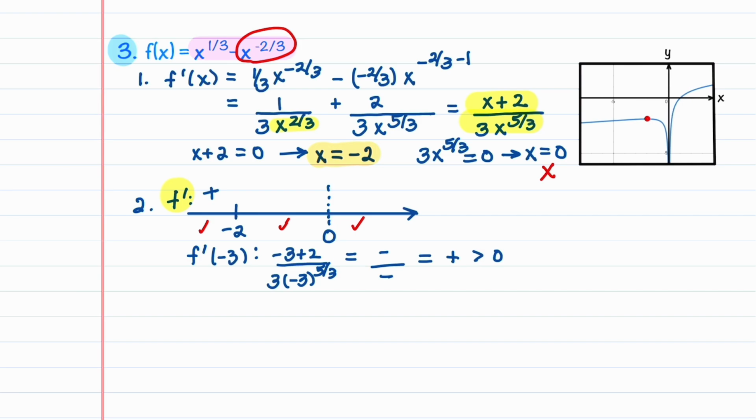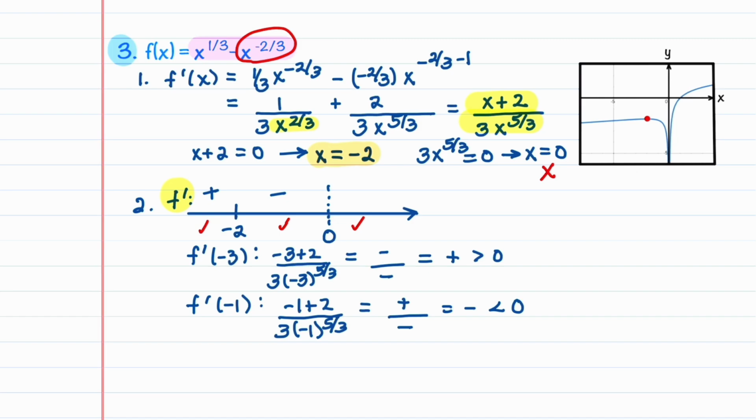Now let's pick a point between -2 and 0. Let's pick -1. So we have a -1 plus 2, all divided by 3 times -1 to the 5/3. The numerator is positive, and then the denominator is negative. So this is negative, less than 0. Put a negative there.